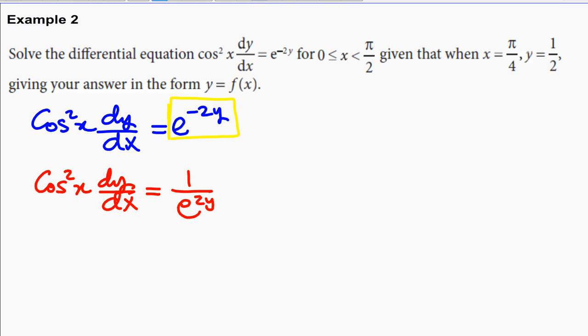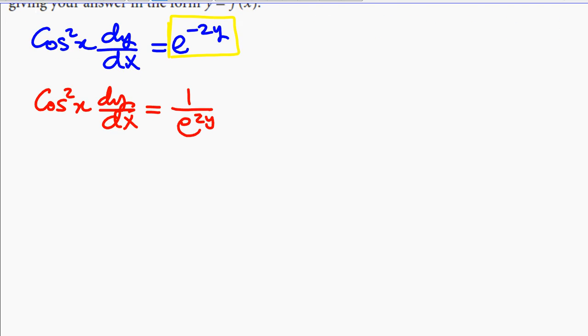And then what I'm going to do next is multiply both sides by that denominator, and actually cross multiply, so that I can separate the y and the x terms. So what I'll end up with is e to the power 2y dy is equal to dx over cos x squared.